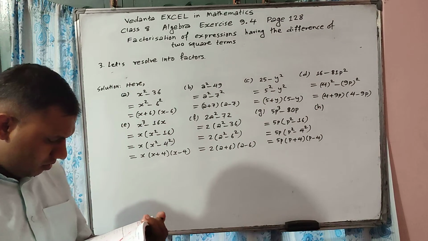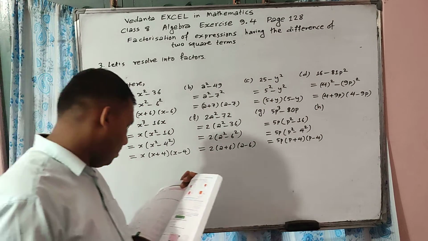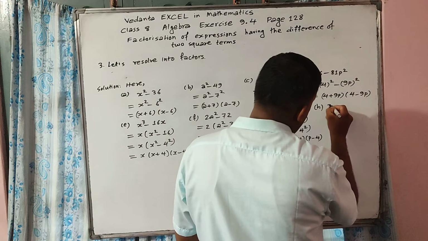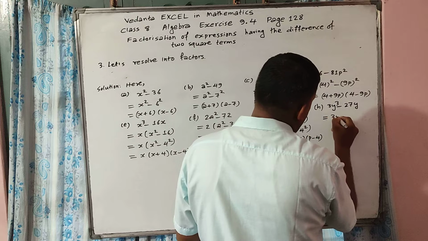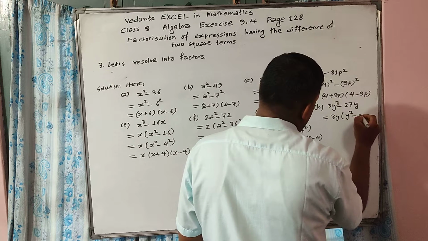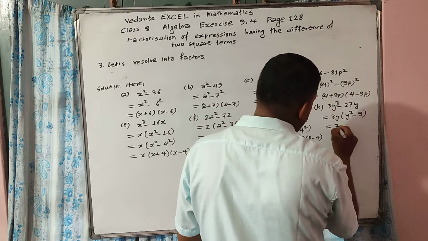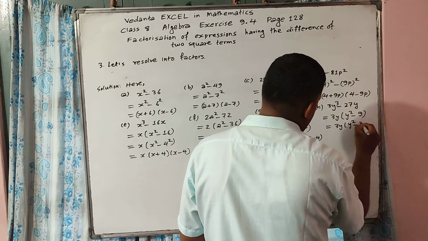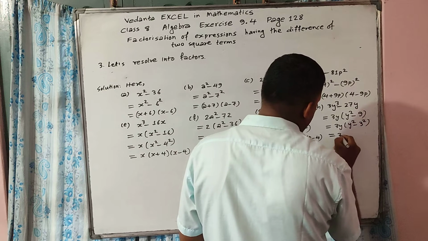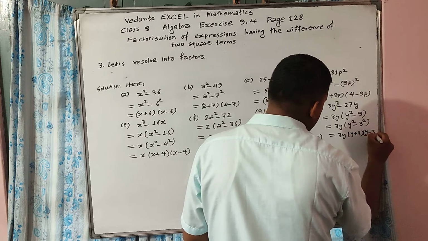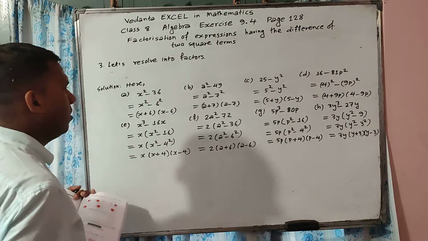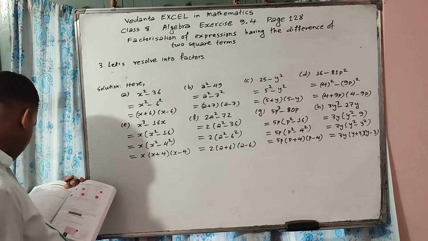On H, we have 3y cube minus 27y. Taking 3y common, remaining y square minus 9. 3y times y square minus 3 square. 3y times y plus 3, y minus 3.